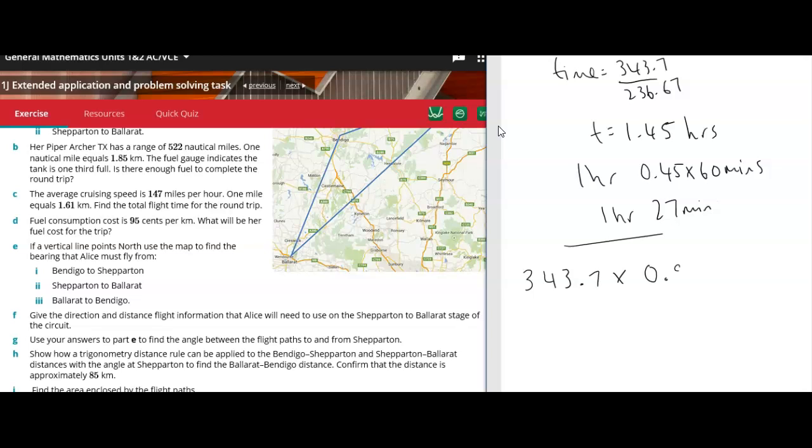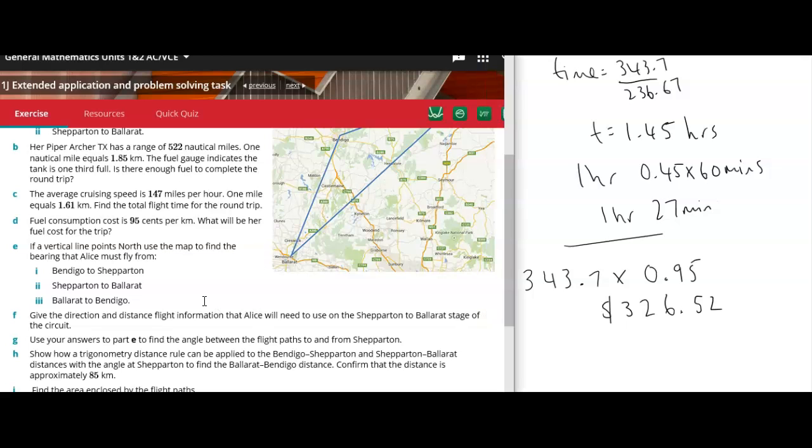So let's do 0.95 because we're going to put the answer in dollars. So 343.7 times 0.95. So we've got 326. God, that's cheap, isn't it? And because we're working in dollars, we'll just round it to 2 decimals.